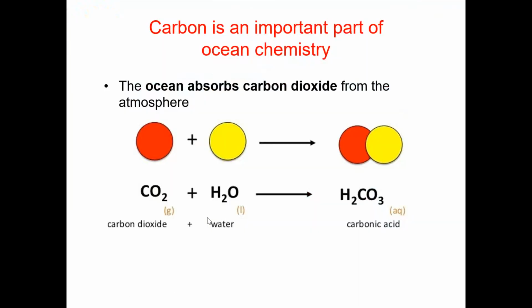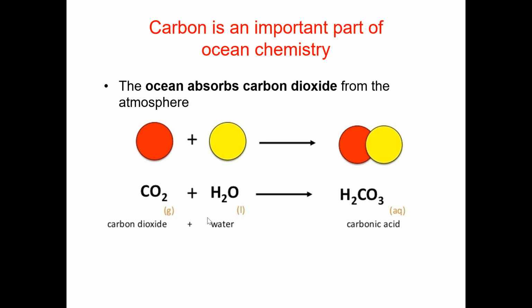So how does this work in the oceans? It's pretty simple. What happens is the carbon dioxide, that's a gas, comes in contact with the water, H2O, which is a liquid. And when they come in contact with one another, they form this H2CO3 molecule, and that's carbonic acid. So the fact that carbon dioxide is dissolved into the water makes the water more acidic.